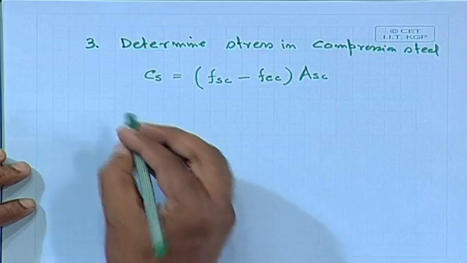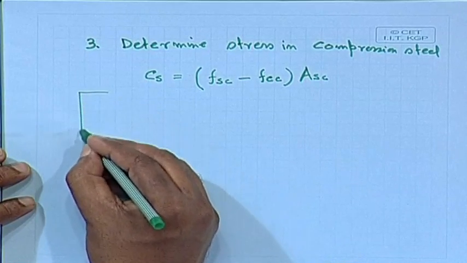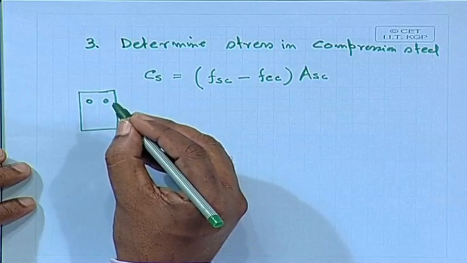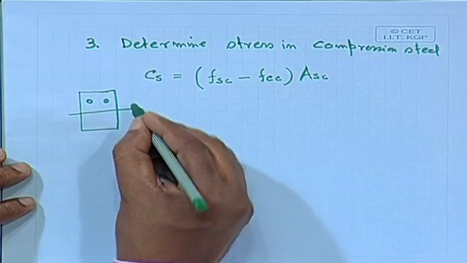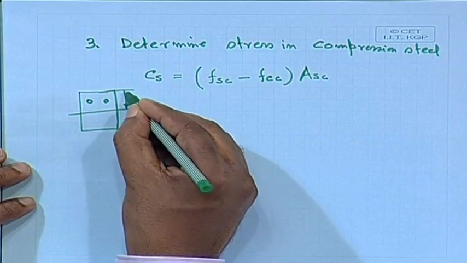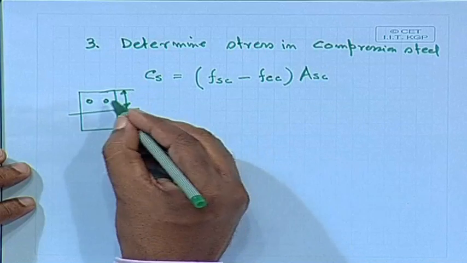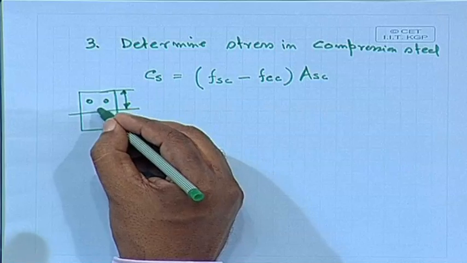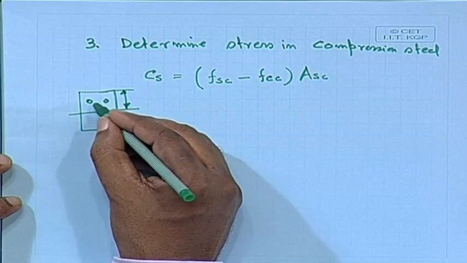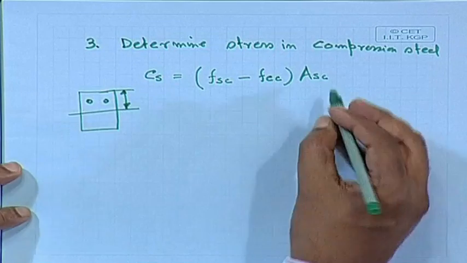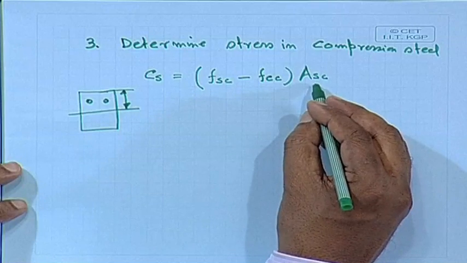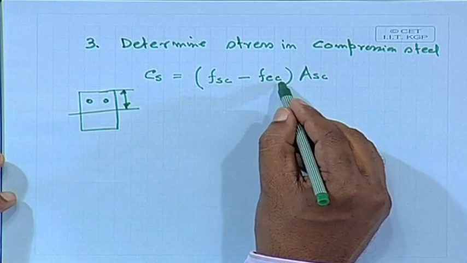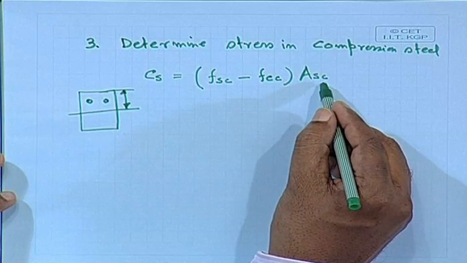Fsc is the stress in the steel on the compression side of the concrete. What we mean is, when you take this section, there is reinforcement. When you consider the singly reinforced section, we have already taken this area, however small it is, as concrete compressive stress. That is why we are deducting that Asc. When taking the steel, we take Fsc minus Fcc times Asc.